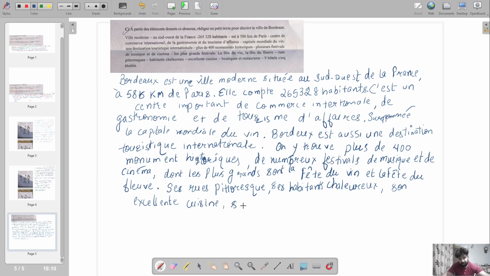Then there are actually boutiques, basically the shops and the restaurants. So we'll write says boutiques et restaurants.